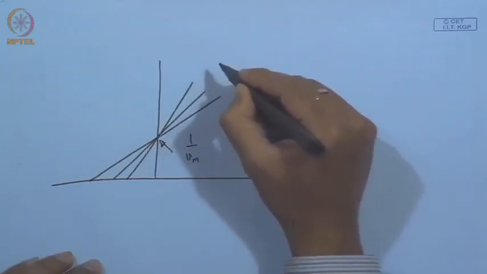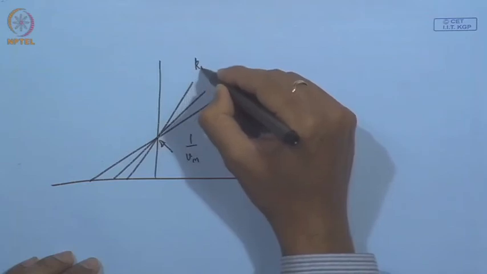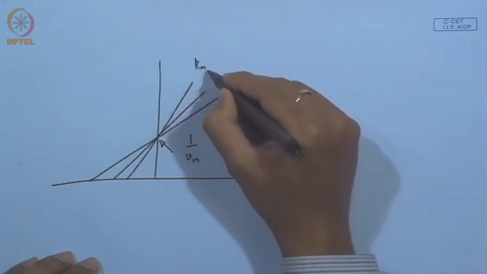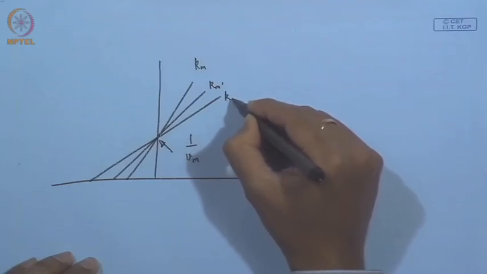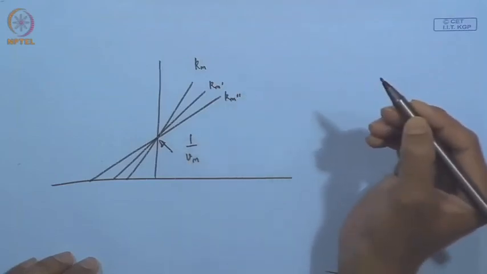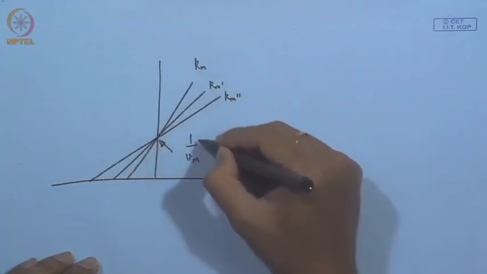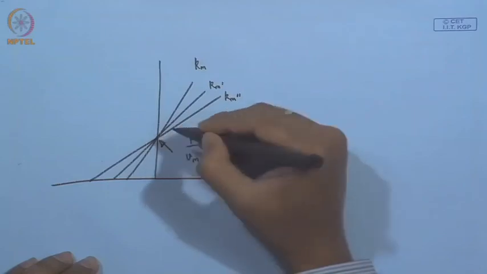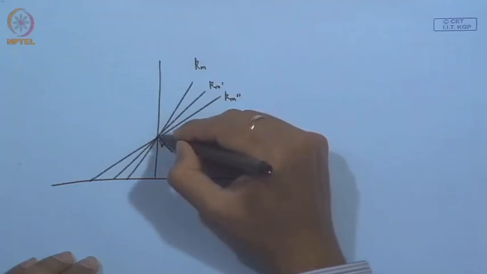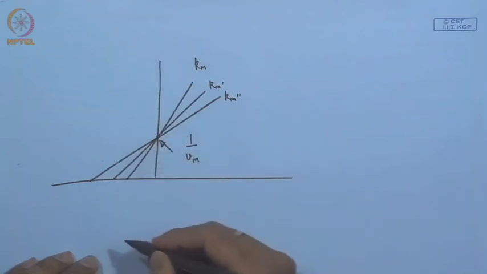So, this is more Km, this is less Km. This Km, this is another Km prime, this is another Km double prime. So, changing the value of Km, with V max remaining the same, we will see that the lines pass through the same 1 by V max point, but they come close to each other.